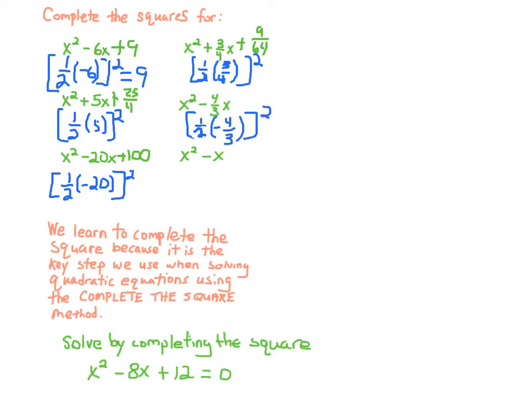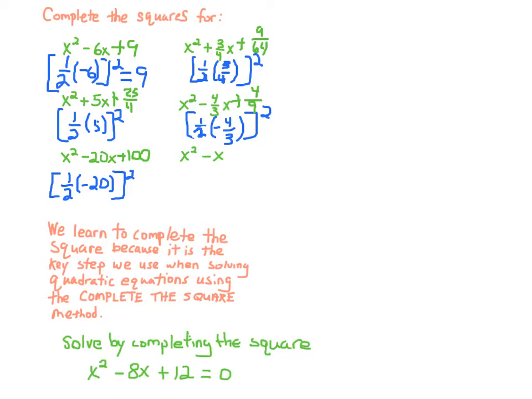Half of -4/3 is -4/6, so that's actually -2/3. So -2/3 squared is 4/9. So I'm going to add 4/9. Again, when I complete the square, it's always positive. So add 4/9 right there to complete the square.